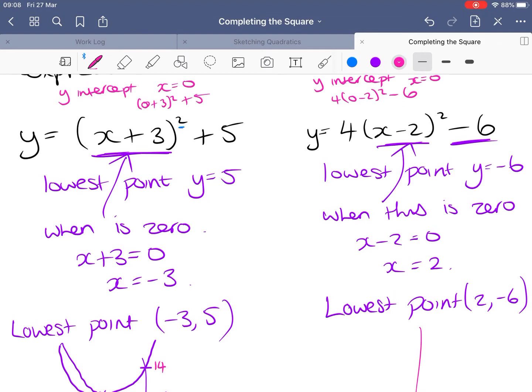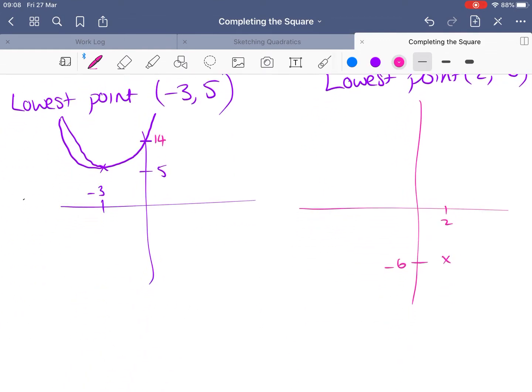Minus 2 squared, minus 2 times minus 2 is 4. So I've got 4 lots of 4, take away 6. Well, 4 lots of 4 is 16, take away 6 makes 10. So I know it crosses when x equals 0 at 10. So actually, this one is going to be a really steep quadratic, okay?